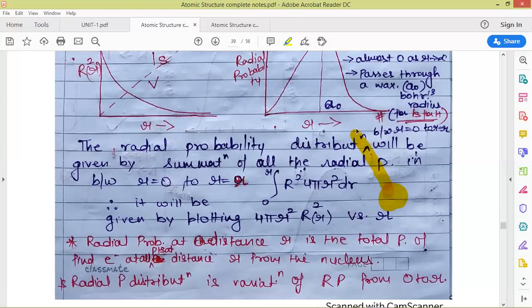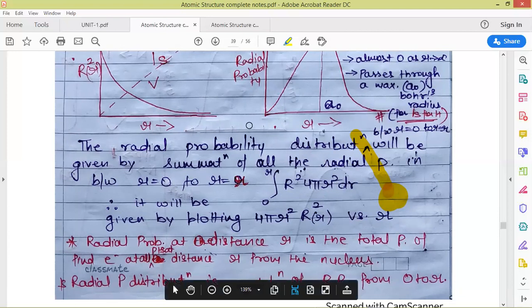The radial probability distribution is the radial probability of finding the electron at all points at distance r. So this is the distribution given by the graph, and radial probability at a distance r is the total probability of finding the electron at all points at a distance r from the nucleus.